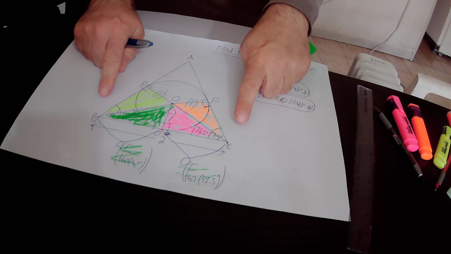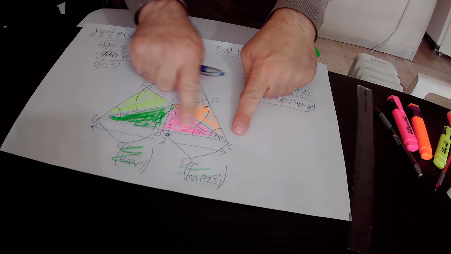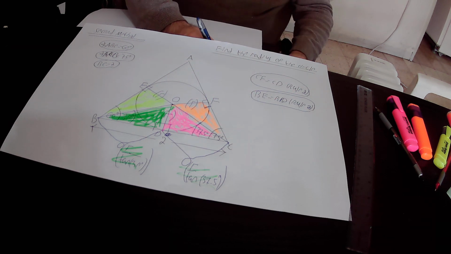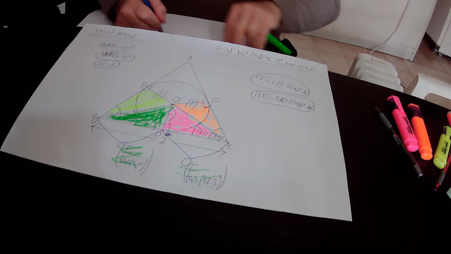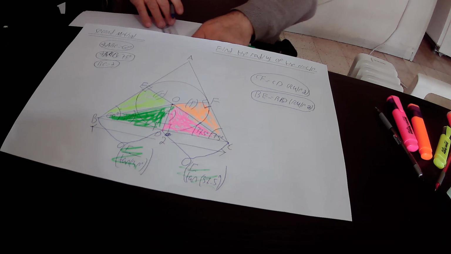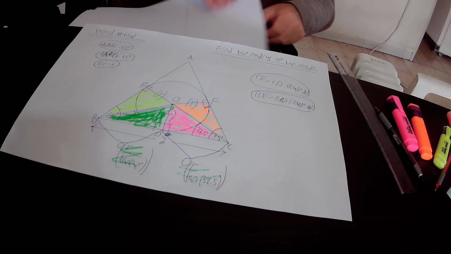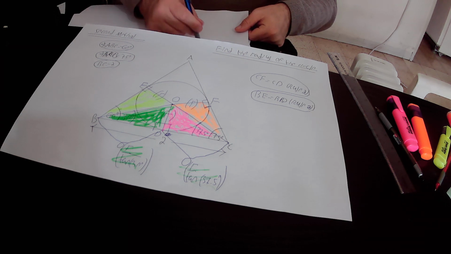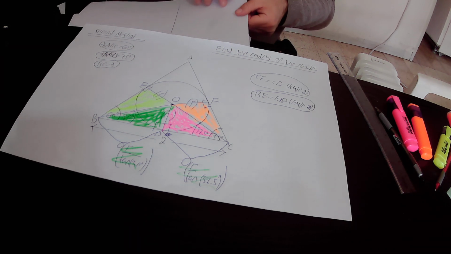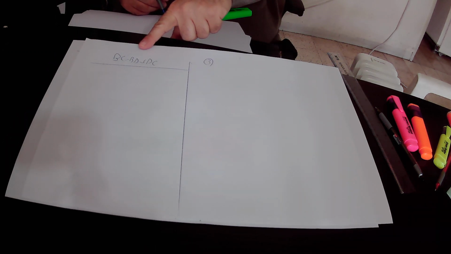From the drawing, it is very easy to see that BC equals BD plus DC. So I write it down. BC equals BD plus DC.